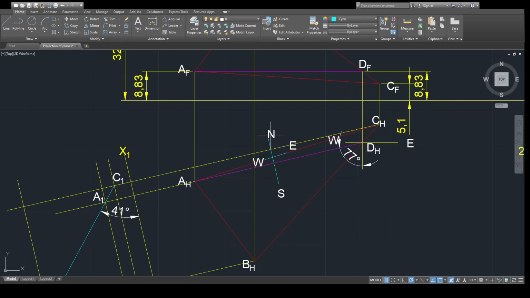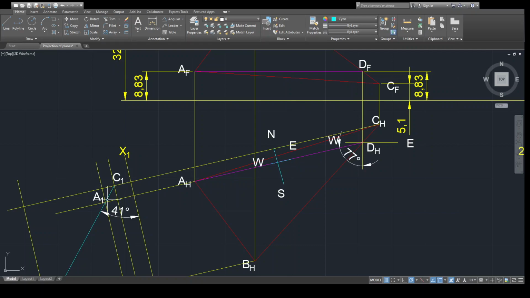No, sorry, I have made a mistake. The strike line should be perpendicular to AHDH. So let us draw the perpendicular to AHDH. Now it's okay.